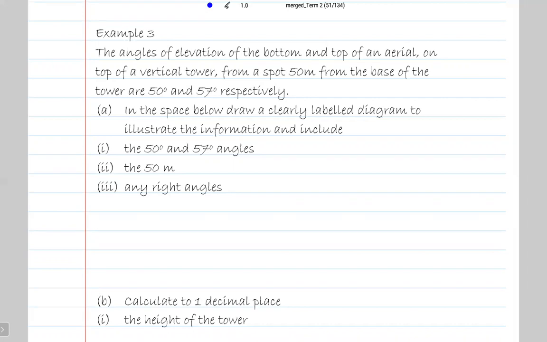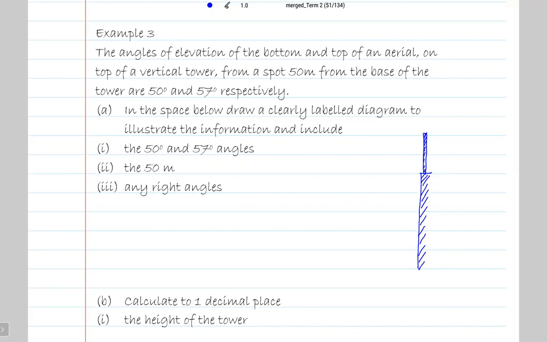So let us try and draw a diagram. So there is a tower. This is my tower. Now, on top of this tower, there's what you call an aerial. This is my antenna. And the antenna is on top of my vertical tower.